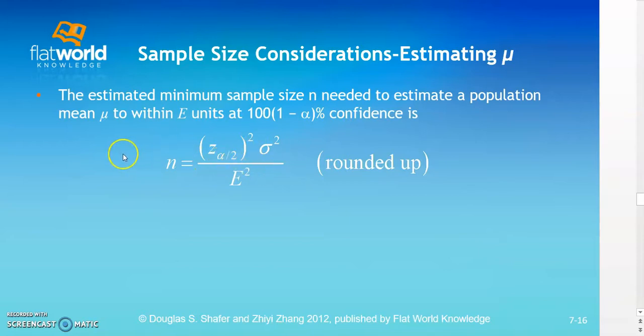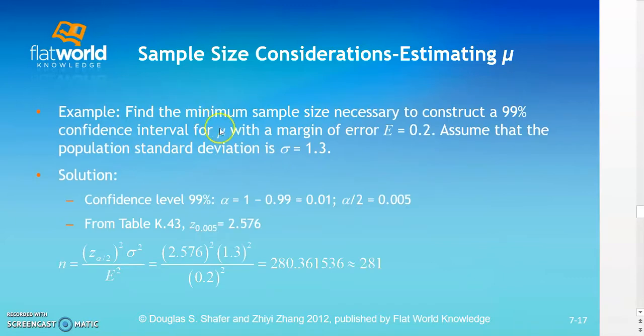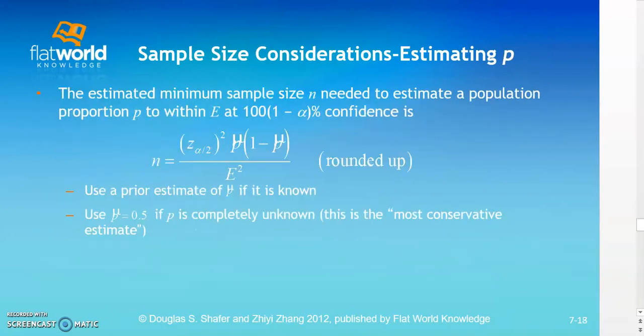And we need to round that up. The next slide runs through an example of how you get it, and basically they're telling us that the sample size should be 281 in order for us to feel good about this.